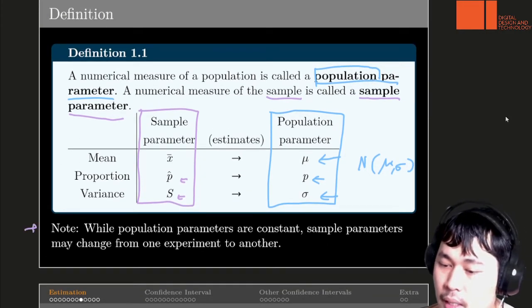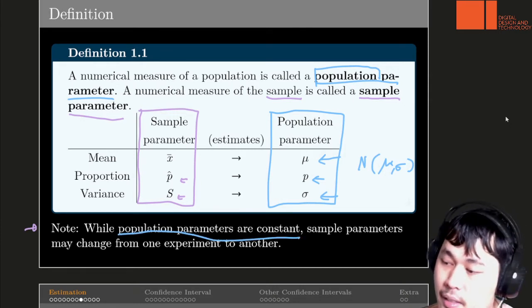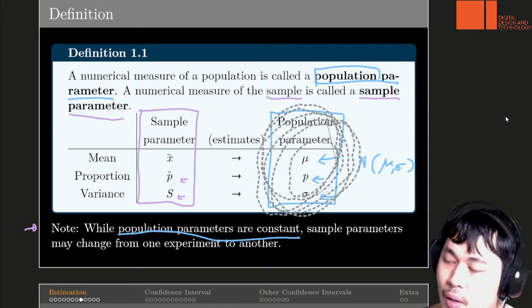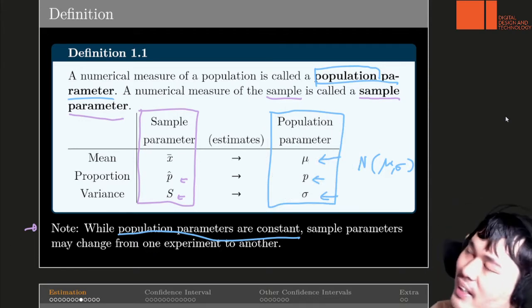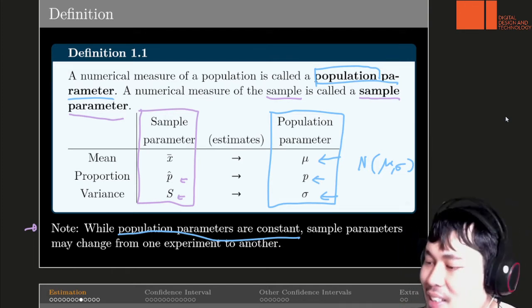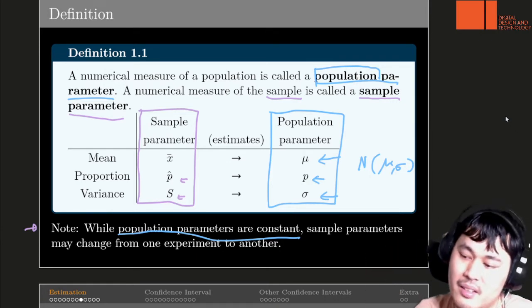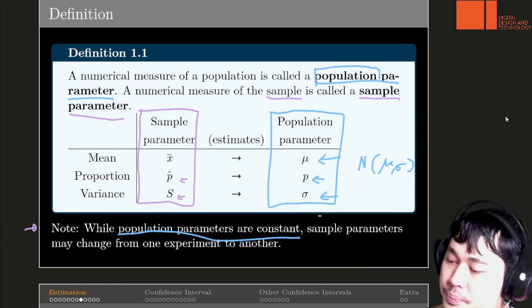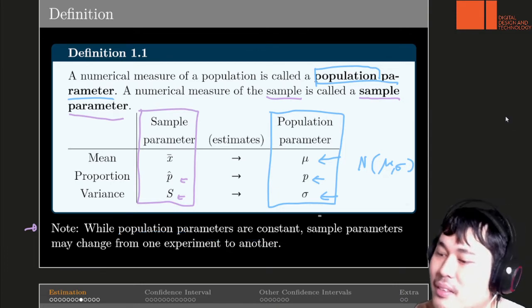And note here that the population parameters are fixed, they are constant. Like this blue one is always just that number. It doesn't change, unless you ask for things that could change, like height, weight, or age. But within a year, this number shouldn't change that much.